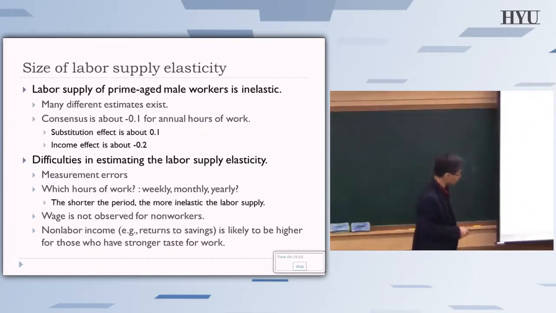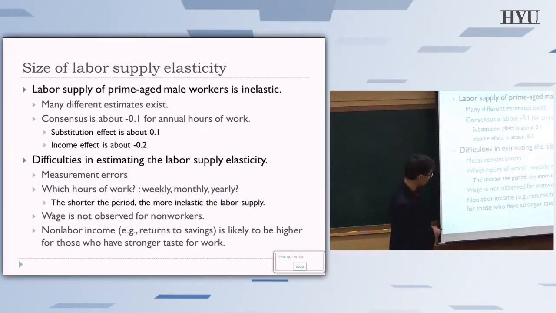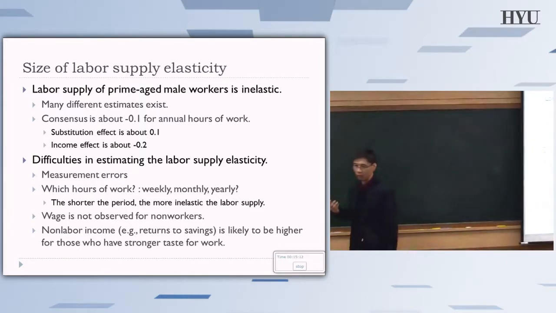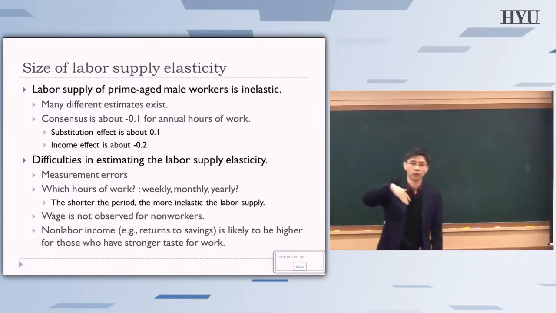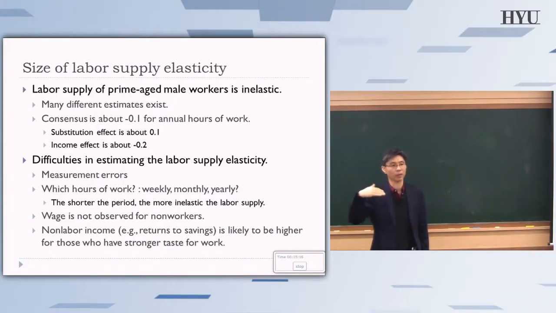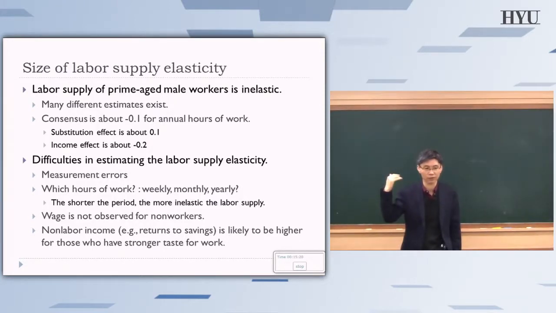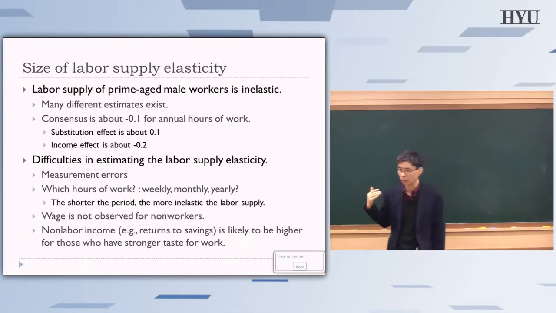Another thing is that there's an interesting point about non-labor income. In our labor supply model, people do respond to non-labor income. When their non-labor income goes up, does labor supply decrease or increase? Decrease, right? And when the non-labor income falls, then labor supply will increase.